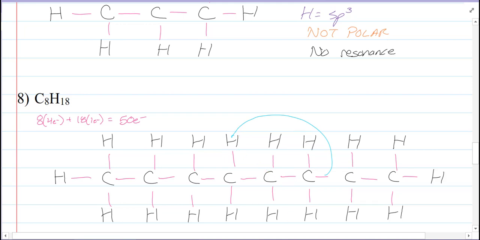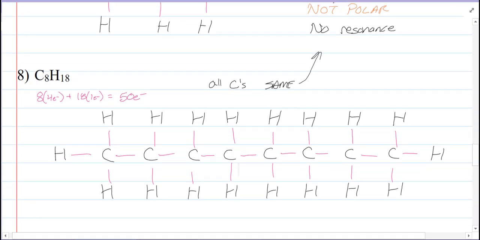It doesn't really matter where you put it, it's just not a straight line. But I digress. The answers are the same as up there. All the carbons are the same. All saturated hydrocarbons. All nonpolar, no resonance. There you go.